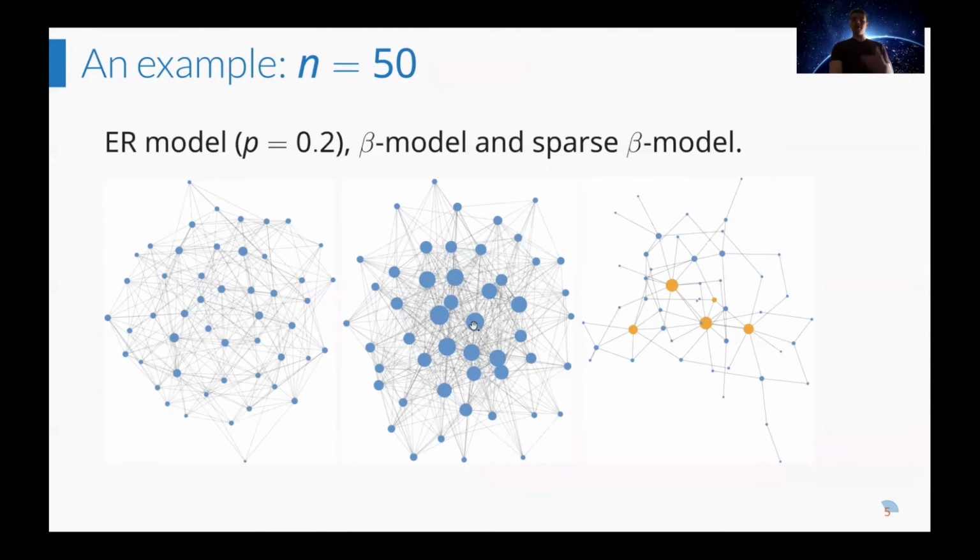In the middle, we have a realization of the beta model, which has quite a big variability in the degree distribution, but which is rather dense. And then finally, on the right-hand side, we have a realization of the sparse beta model, which still has a big variability in the degree distribution, but results in sparse networks. And the orange-colored nodes here are those nodes with a beta larger than 0.